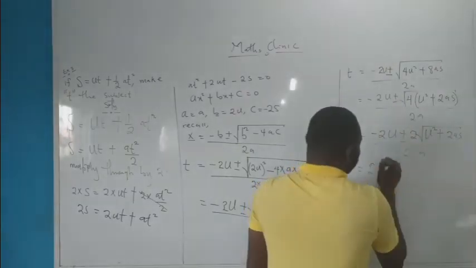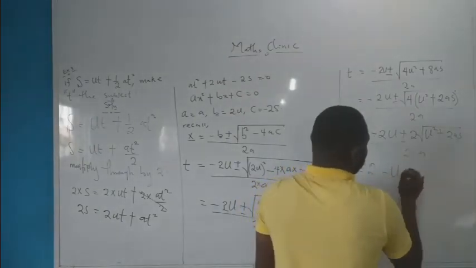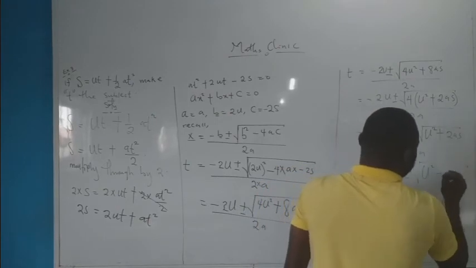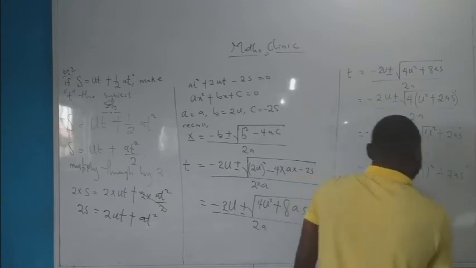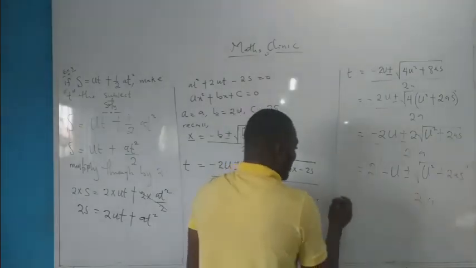You can have 2 into bracket minus u plus or minus square root of u squared plus 2ax, everything over 2a. This and this will cancel.